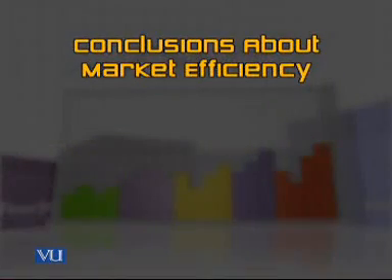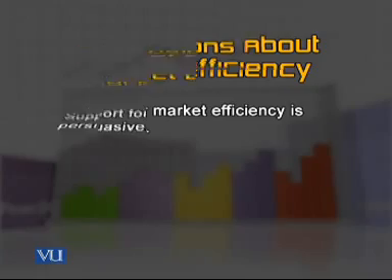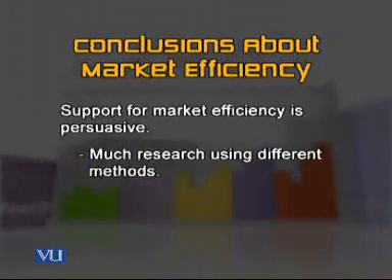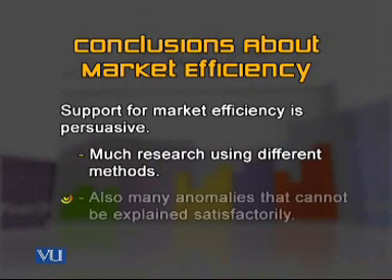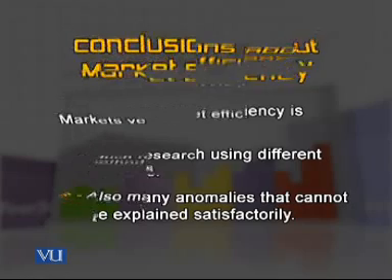So, while I conclude about efficiency, about the hypothesis, about the market, the support for market efficiency is persuasive. There is a great deal of talk of having an efficient market. There is a lot of support available because there is much research available using different models, because many anomalies are there that cannot be explained satisfactorily.